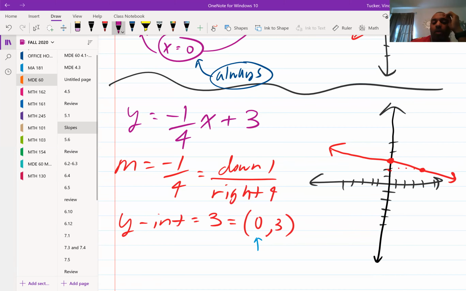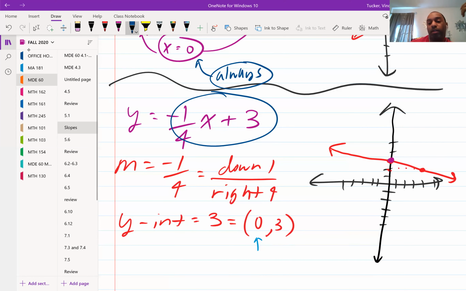No. Well, hold on. Let me make sure I understand where you're coming from. So we graph this 0, 3 first, which puts us right here. Remember, all we're trying to do is graph this line, the line that represents this equation.